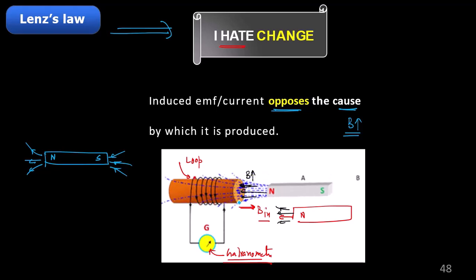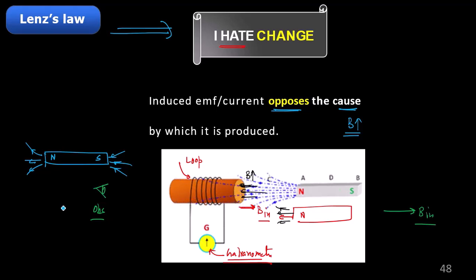Now, what is the direction? How to sense the direction? For that, you have to place your thumb towards the right. Why? Because the induced magnetic field is towards the right. So place your right hand towards the right and curl the fingers. Let's say the observer is on the left hand side.